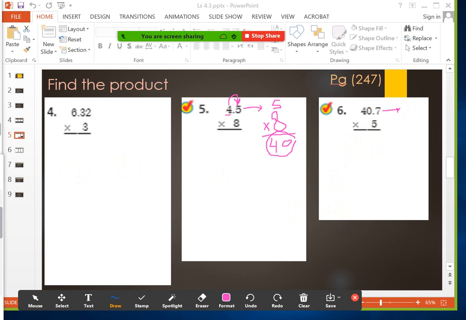Let's choose a girl now to help me. Please raise your hands, girls. Yes, Celine. Open your mic and help me find the estimate. 4.7, it will be what? 4.7. 5?